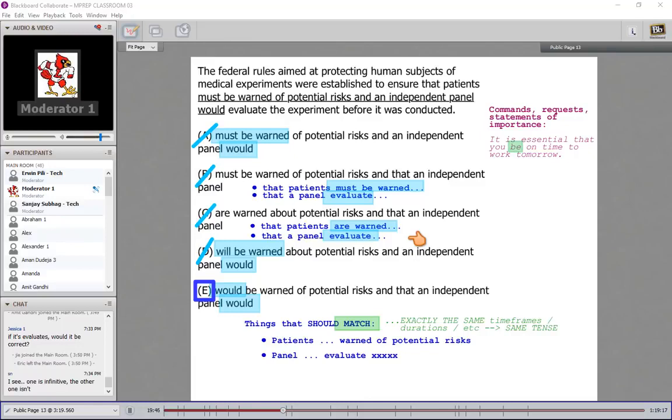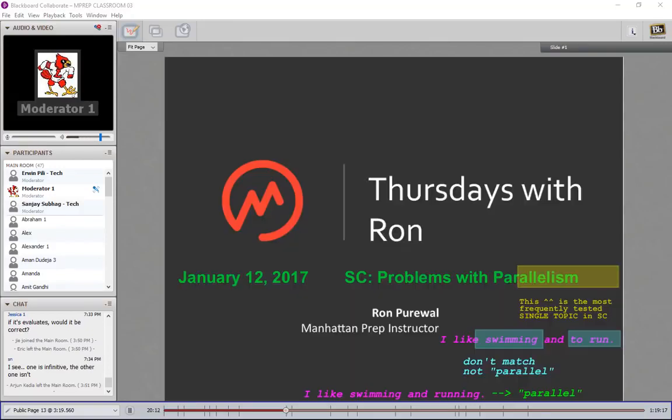As far as Jessica's question, what you don't want to get in the habit of doing is making up your own versions of GMAC problems. Really don't do that. There's a time and a place to make up your own examples, and that is when you learn a new type of principle. Then you should make a very simple sentence, simple in the same way that these are simple here. These illustrate parallelism, and they illustrate absolutely nothing else about it.